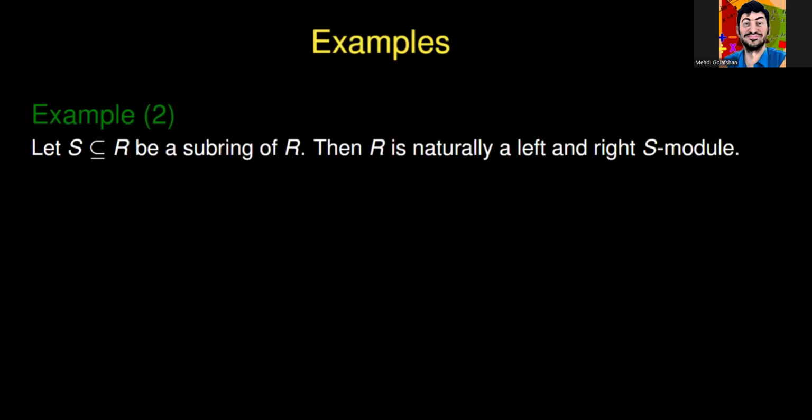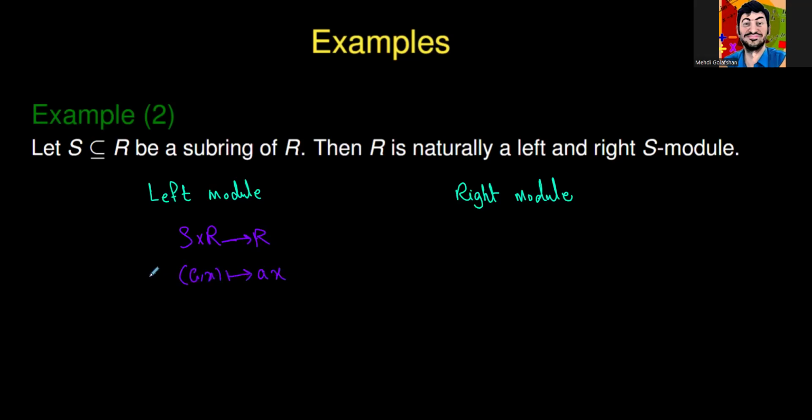For the left module and right module, you can see the scalar multiplication or structure map would be like this: ax goes to ax, and this is the multiplication in R.